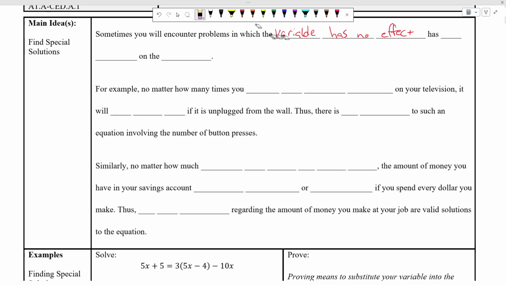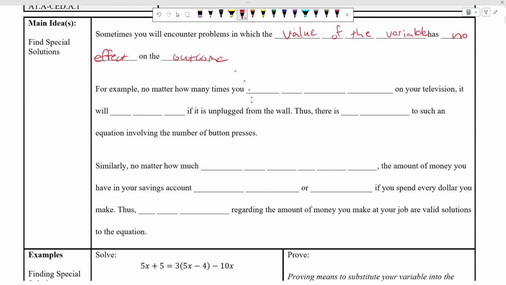I'm sorry, whoops, my bad. I kind of spoiled it a little bit. What I'm trying to say is sometimes you'll encounter problems in which the value of the variable has no effect on the outcome. Sometimes that will be the case.